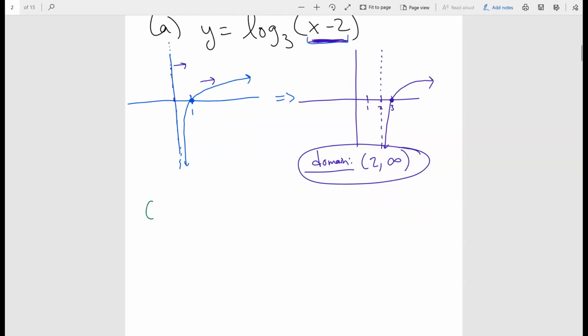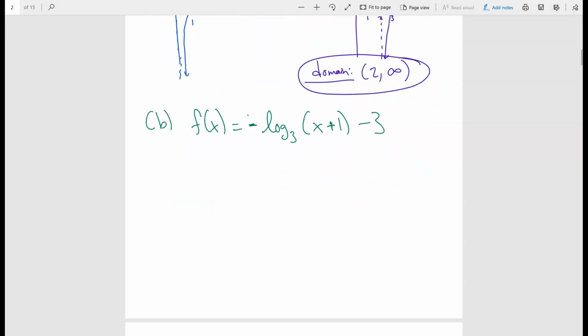Let's try this one. Let's say we had negative log base 3 of x plus 1, minus 3. We're going to start off with the general log, which kind of looks like this, at 1.